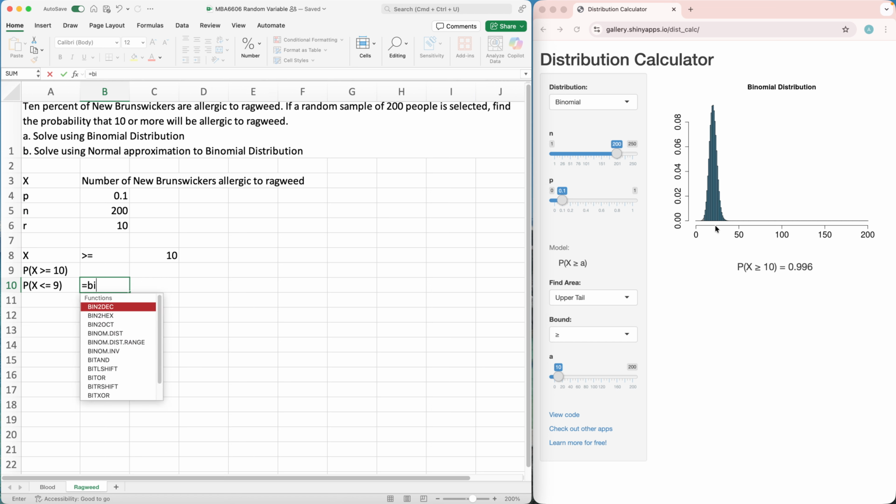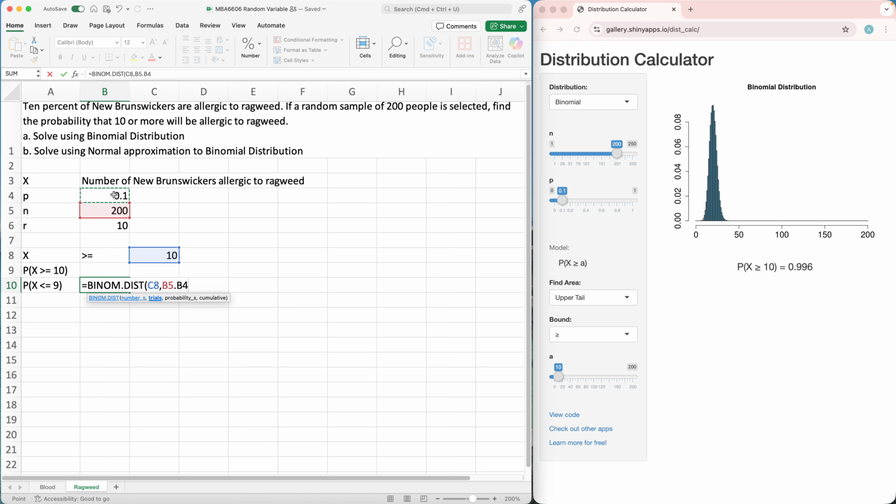Now the probability of x less than or equal to 9 will be equal to binom.dist, number of successes, and how many trials? 200 trials. What is the probability of success? 0.1, and we want to calculate the cumulative value.